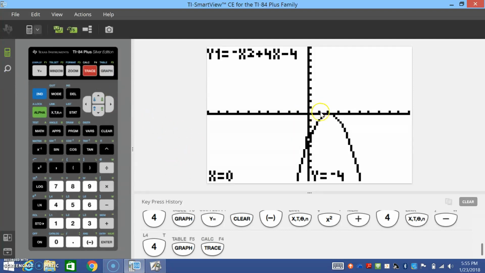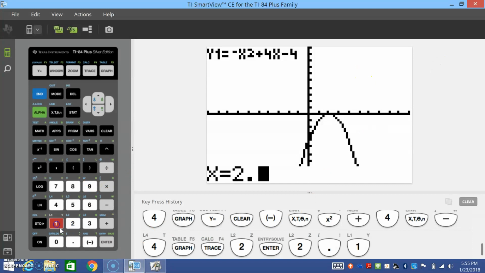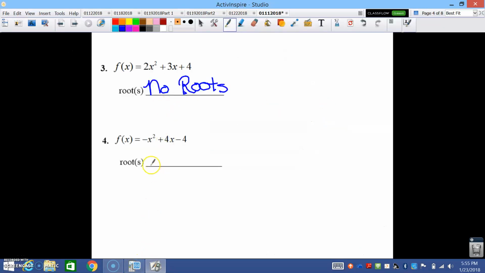So let me try x equals 2. Okay, y equals 0. Let me try 2.1. What that means is x equals 2 is our only root, our only solution, and our only x-intercept, because that's the highest point of the parabola. That is called the vertex.